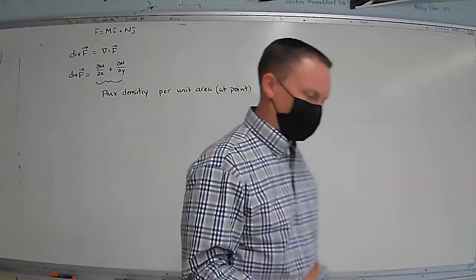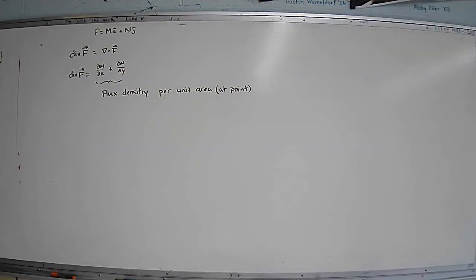So what do we mean by that? You calculate that divergence at the point, and that's going to give you the amount of outward flow per unit area, whatever area you're in, like meters squared, inches squared, whatever. It's the flux density per unit area at that point.